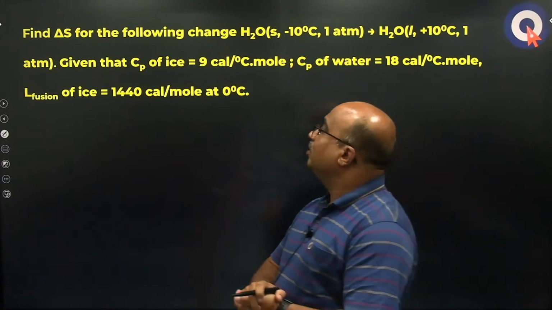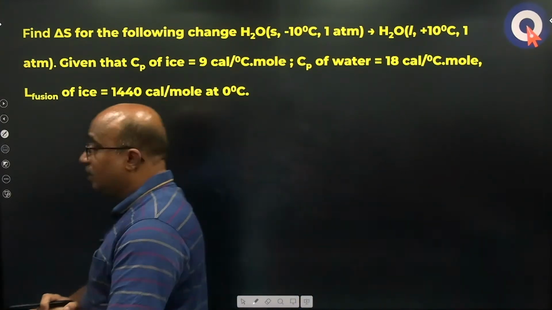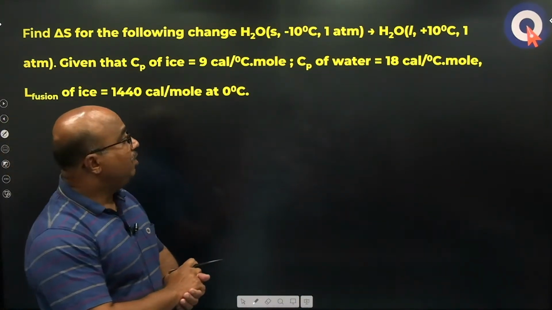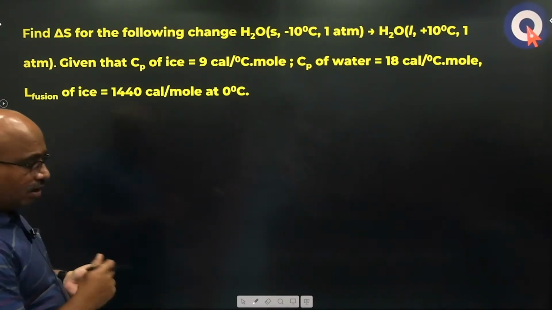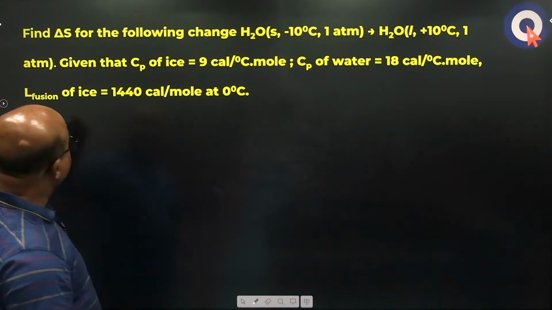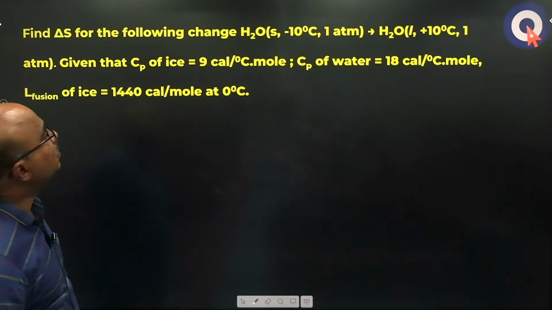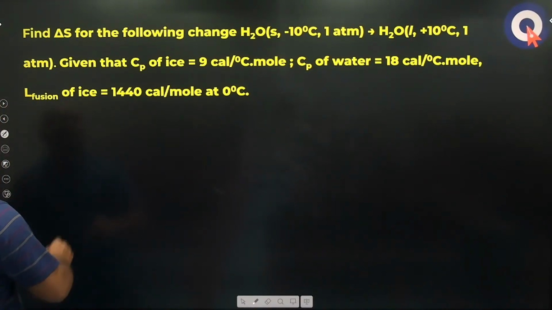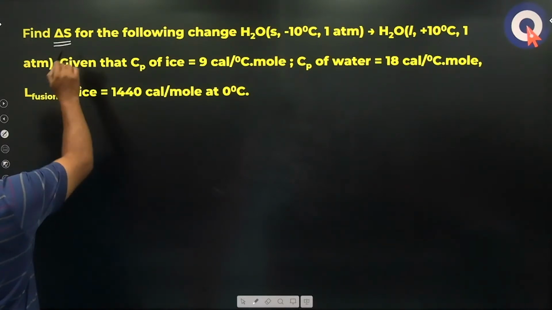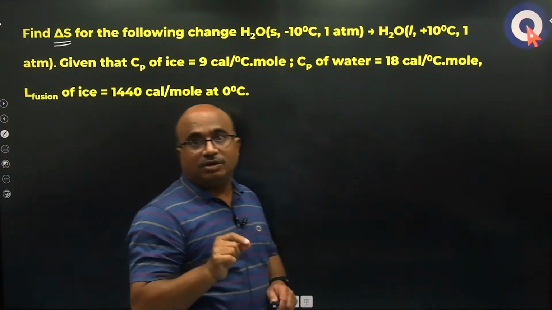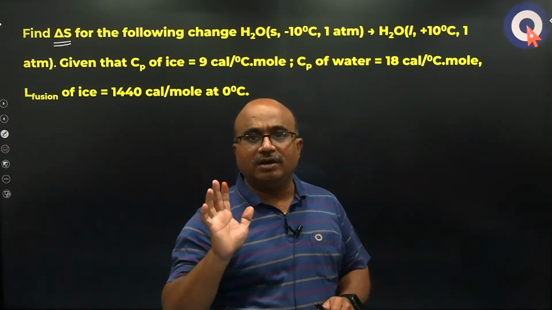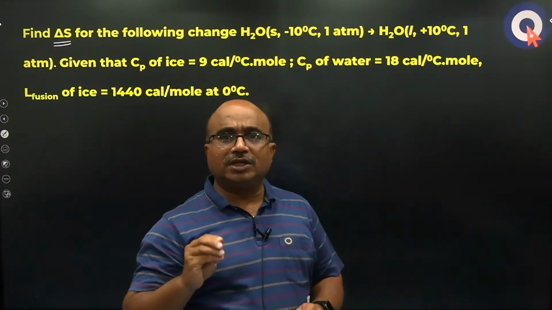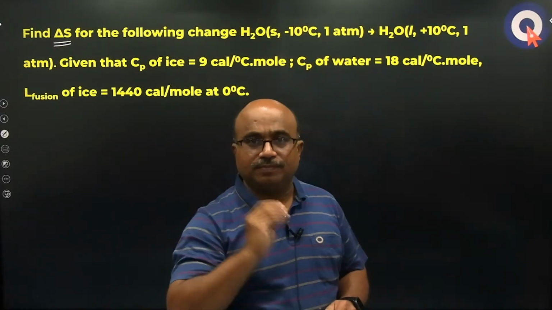And Cp for the ice, Cp for water, the process is usually done at constant pressure, and the latent heat of ice is also given. But whenever we calculate entropy changes, we should remember this: entropy changes are always determined by considering the process to be irreversible.